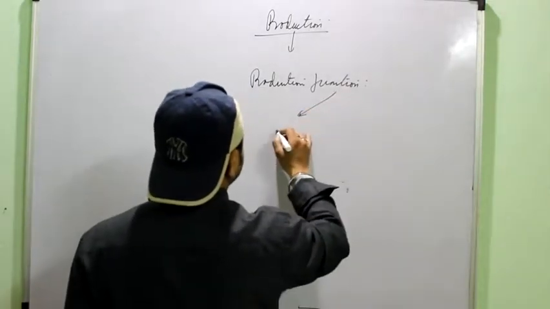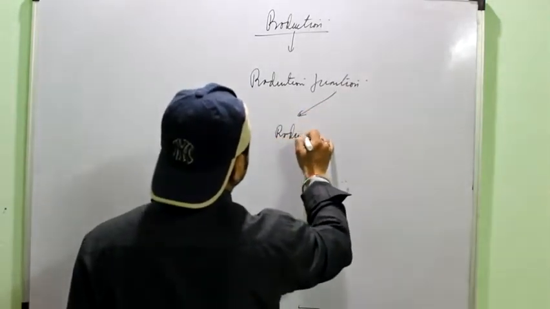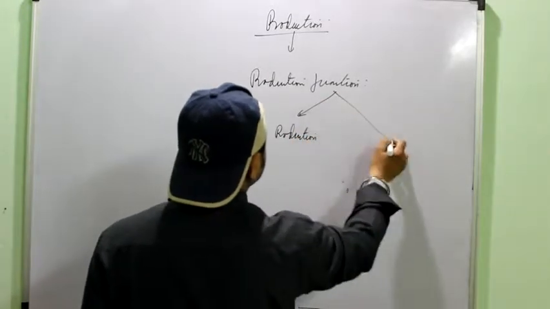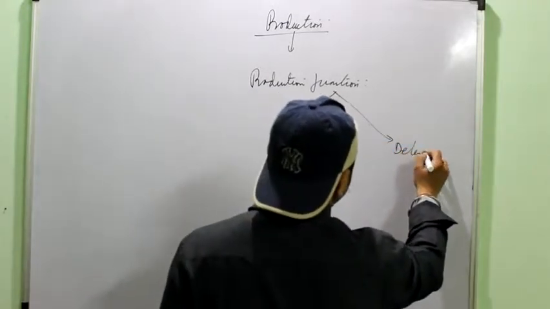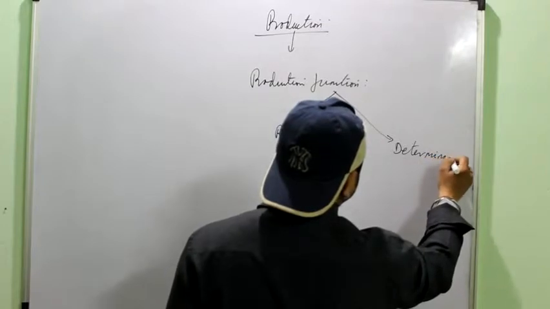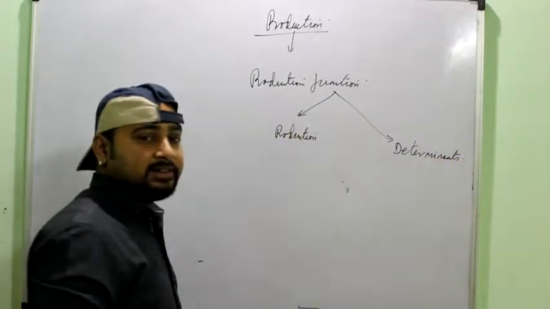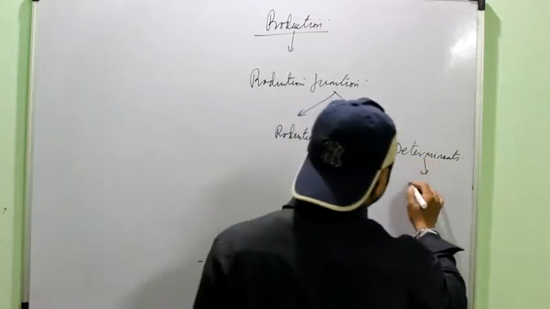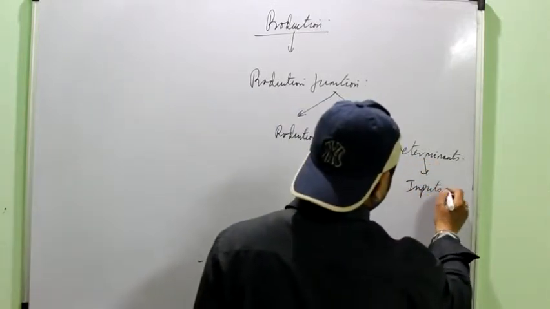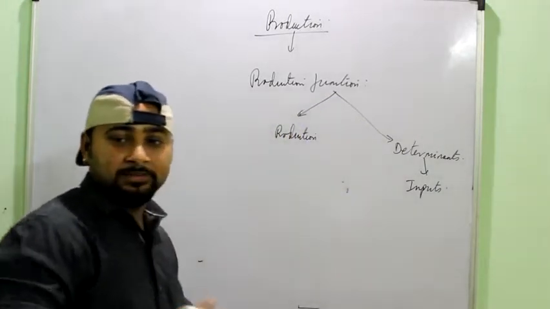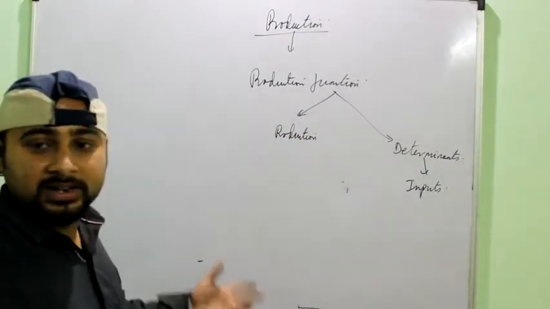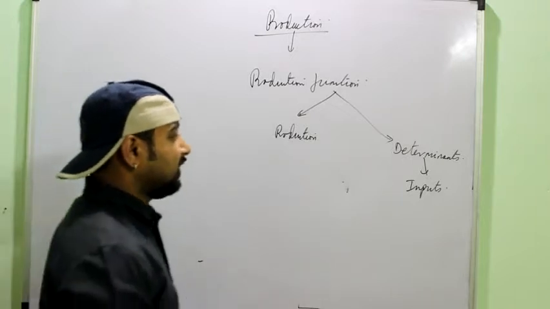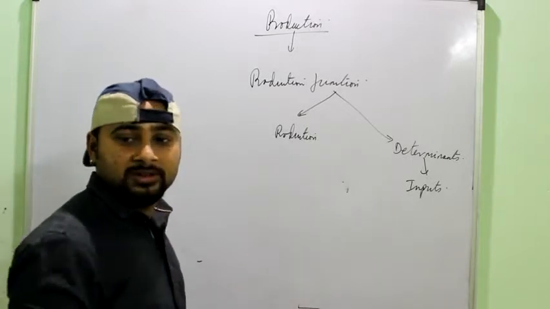So it is simply the relation between production and its determinants. Determinants means on what factor it depends or what factors influence it. Simply the determinants are the inputs. Whatever you put as input, that will affect your output, that will affect your production, right? Like if you increase the input, output will also increase.